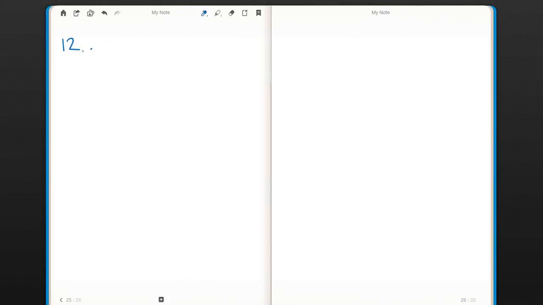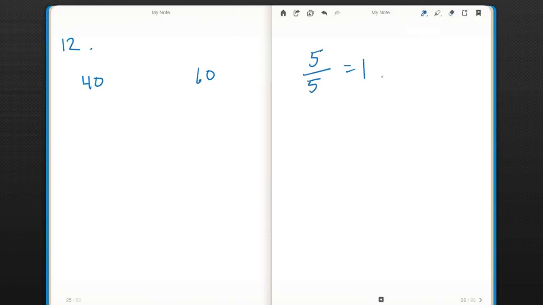Number 12. I'm thinking of a number from 40 to 60. When it's divided by 5, it leaves a remainder of 3. Again, let's stop and think about remainders. We talked about this a minute ago. If I start with the number 5 and I divide it by 5, I get the answer of 1 with a remainder of 0.